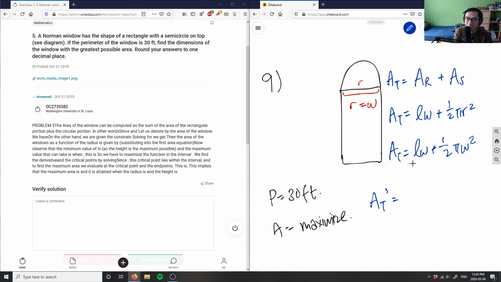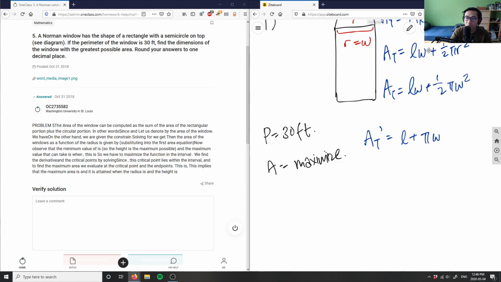So if I take the derivative of that, the LW simply becomes L, and then plus, I'm going to bring the 2 down. 2 times half equals 1. And then I still have pi, and this would simply be pi times w. So the derivative of the area, A prime, is L plus pi w.